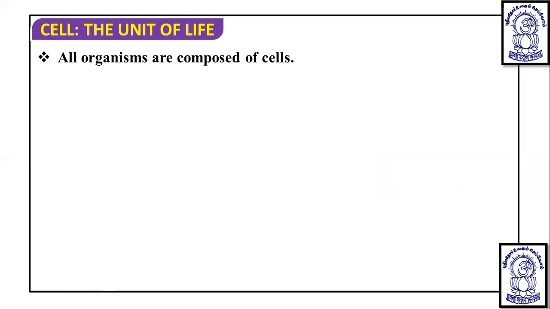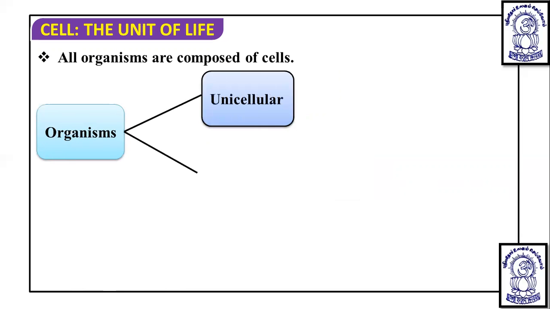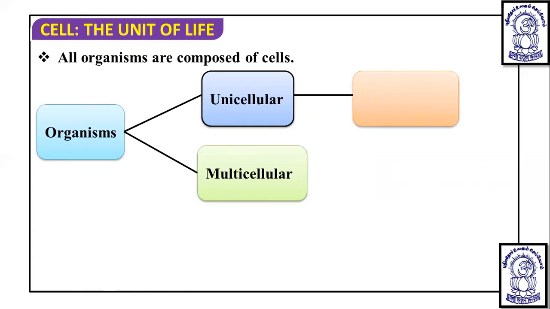And we know that all organisms are composed of cells. There are two different types of organisms mainly based on the number of cells: unicellular and multicellular. Unicellular organisms are made up of a single cell, and multicellular organisms are made up of many cells.